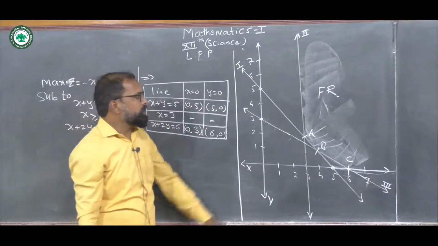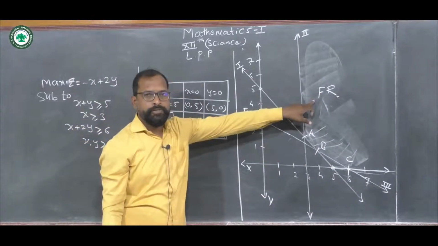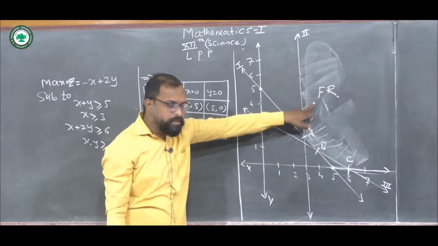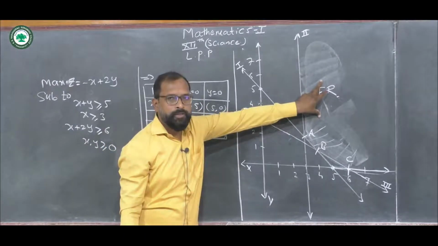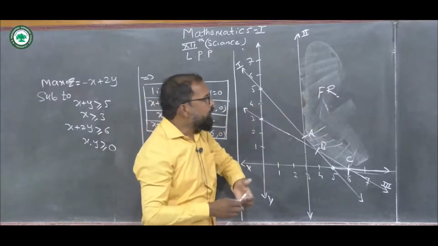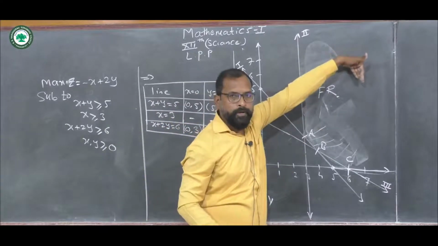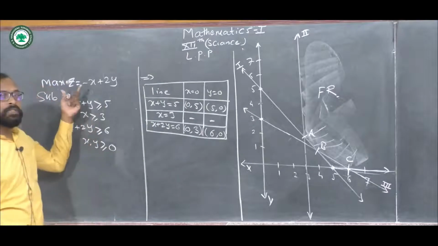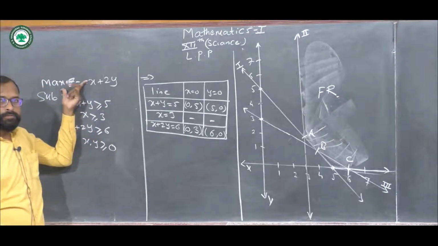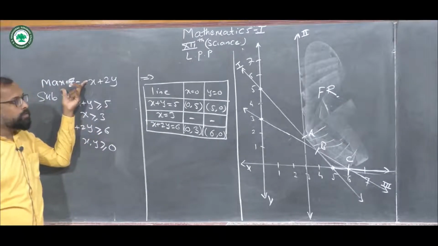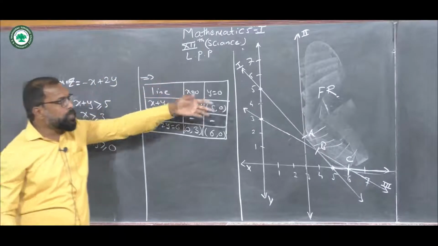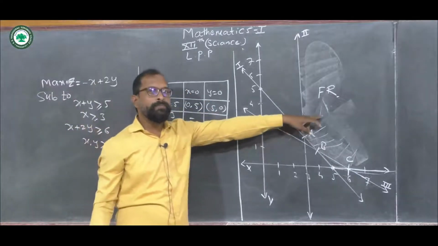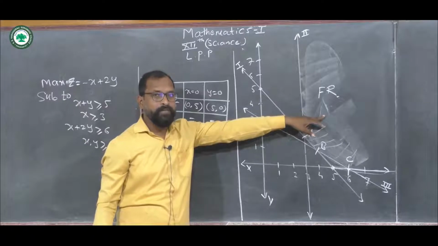Now, this feasible region is an unbounded region which takes all the points up to infinity, and the objective function is of the type maximization. Since this is an unbounded feasible region, it includes the point at infinity.